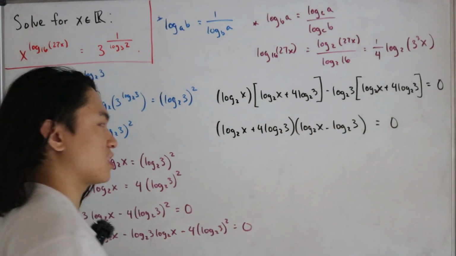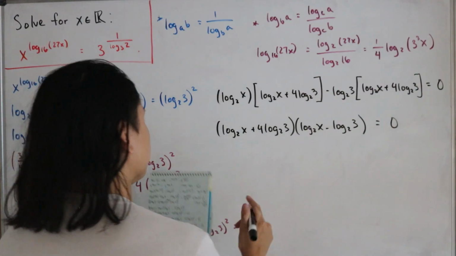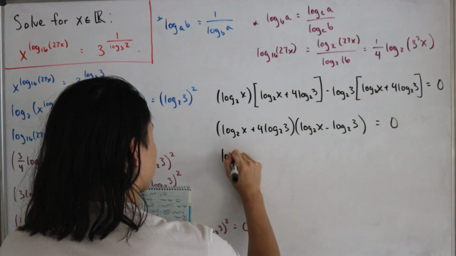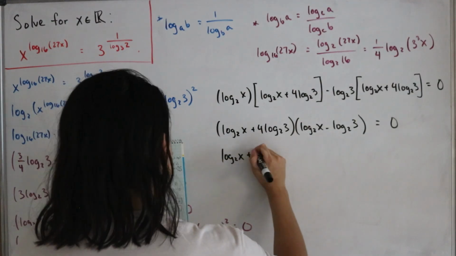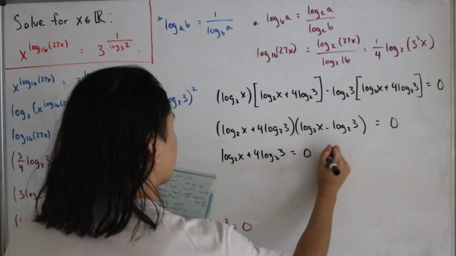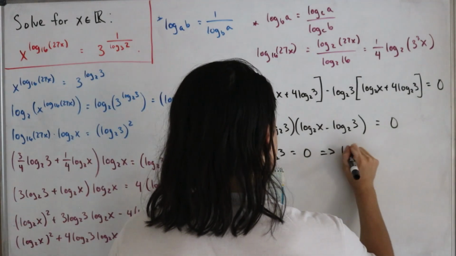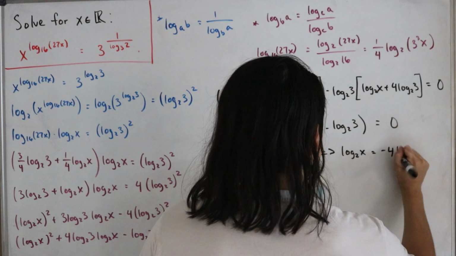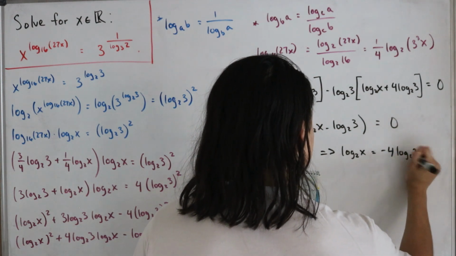The last step is going to be simple. You just set each of these terms equal to 0 to solve for x. And it's pretty simple to do. So log base 2 of x plus 4 log base 2 of 3, set this equal to 0, which means log base 2 of x equals negative 4 log base 2 of 3.